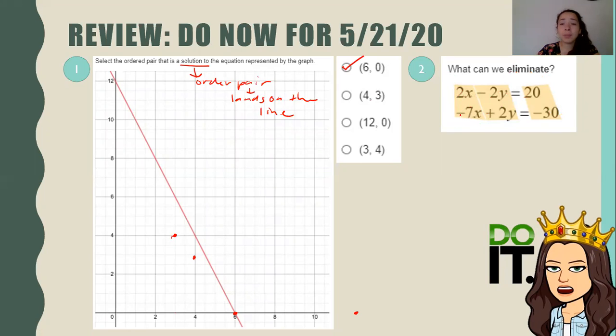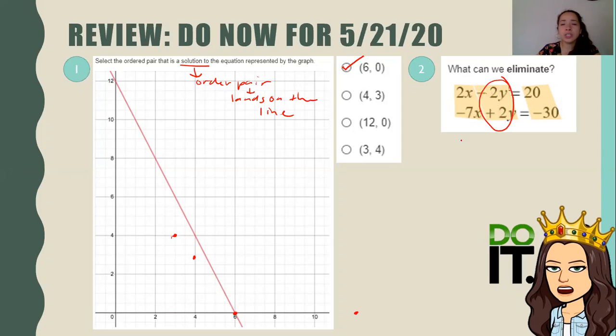So we can make them eliminate at some point, but that would be a lot more work than we need to do. If we look at this group, notice we already have 2's. And to make it even easier for us, they're already opposites. So remember how we talked about to eliminate, they have to be opposites but the same number? So this would actually be the group that we would click on.